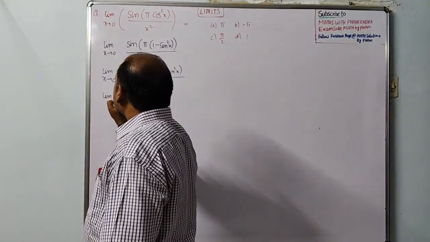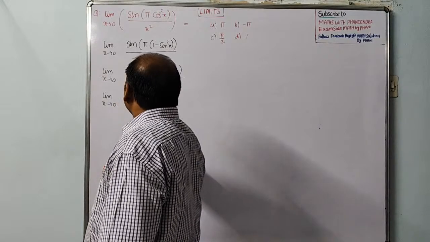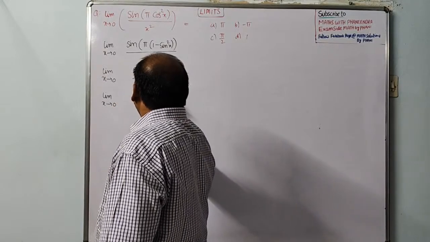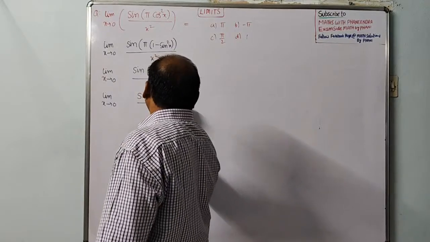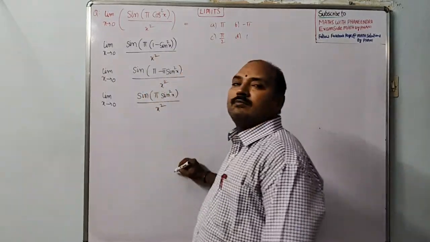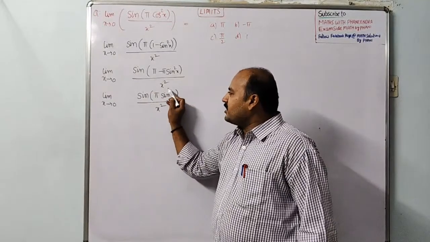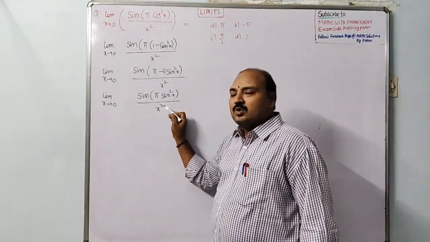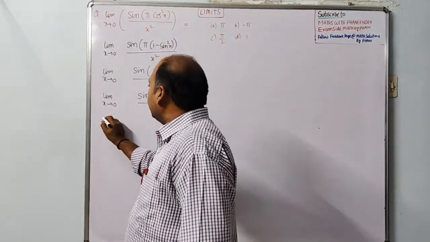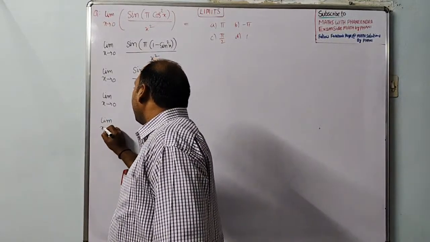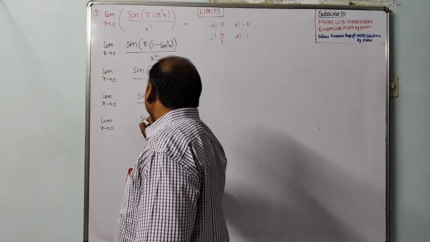So limit x tends to 0, sine of pi sine square x divided by x square. Pi is multiplied by sine square x, no? I want to get the denominator itself, so I am multiplying and dividing by sine square x.